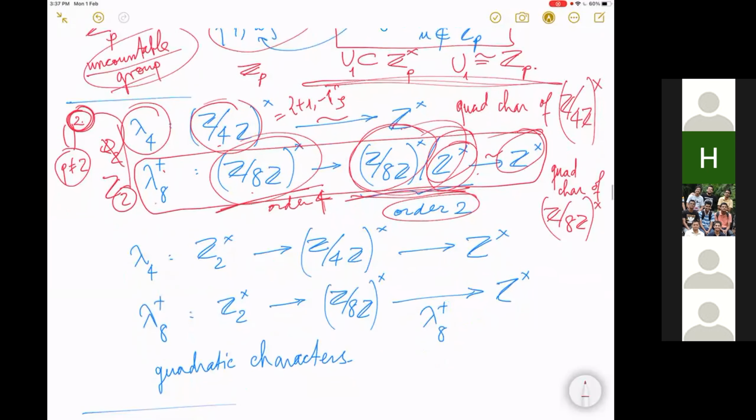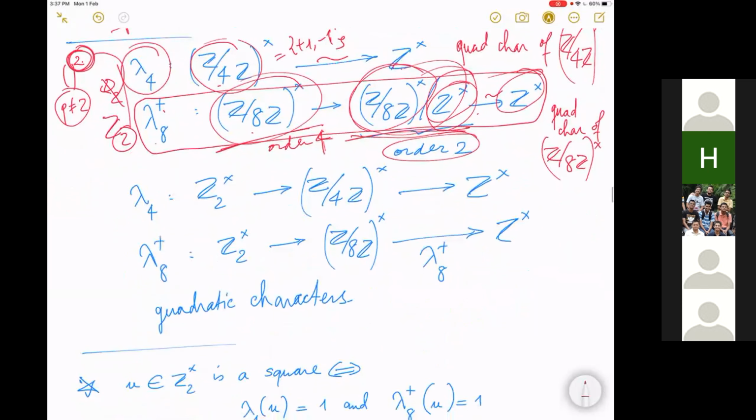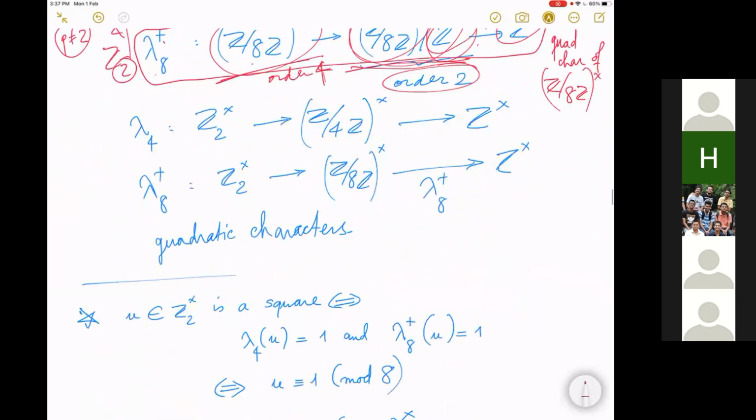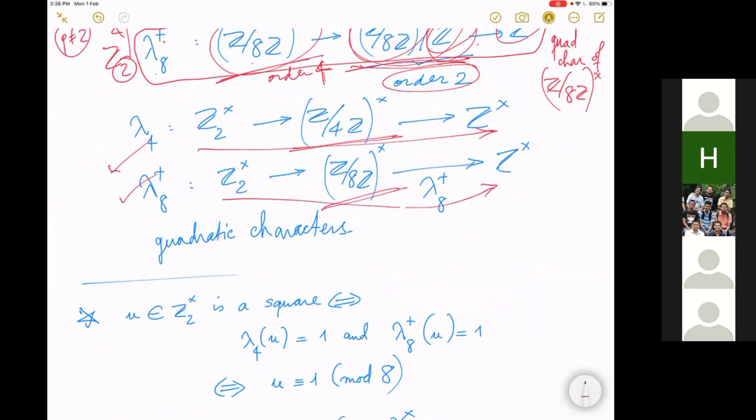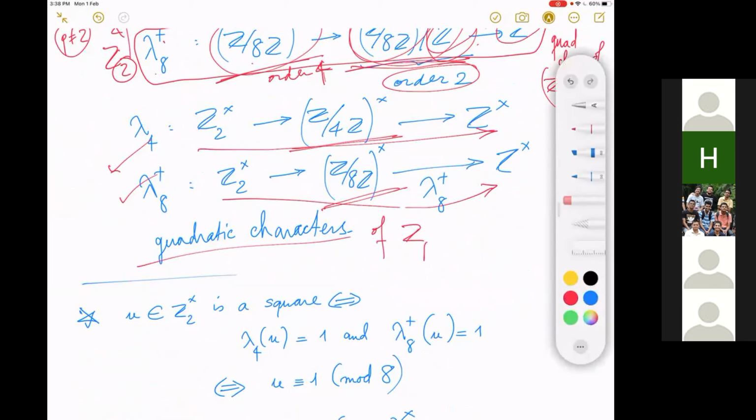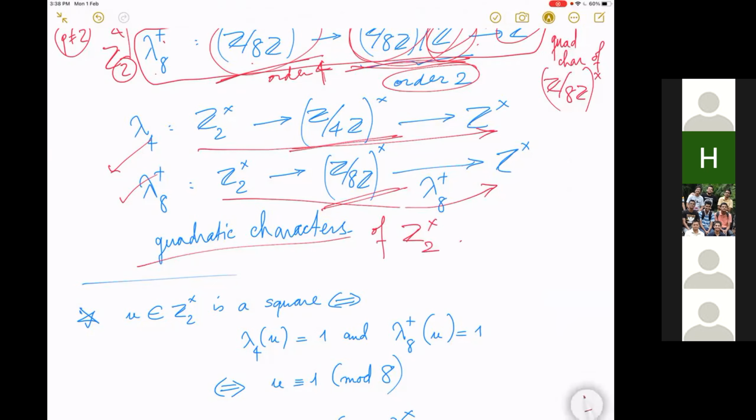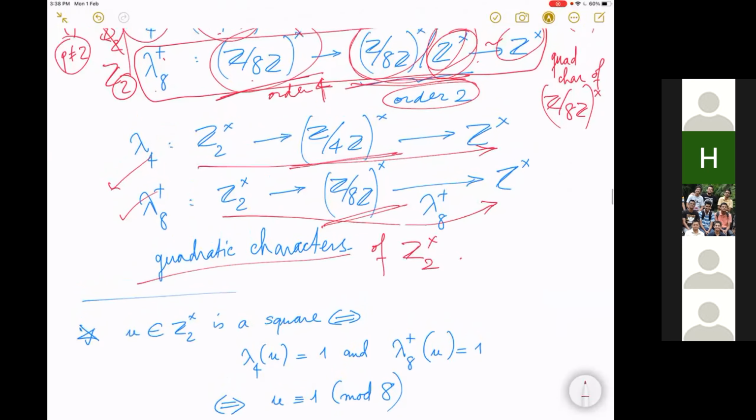So now I have this lambda 4, lambda 8 plus. They are defined on Z modulo 4Z star and Z mod 8Z star respectively. But I can now compose with this projection from Z2 star and get two quadratic characters of Z2 star, namely lambda 4 and lambda 8 plus.